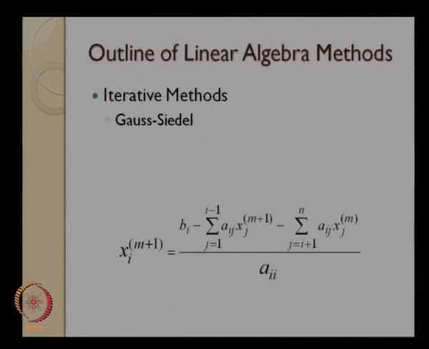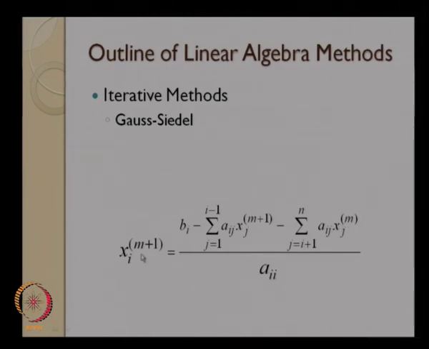In Gauss-Seidel we use the most recent values of x, that means for computing xi we use the (m+1)th values of x1 up to xi-1, and we use the mth values from xi+1 up to xn, because we do not have the (m+1)th values of xj at this point.